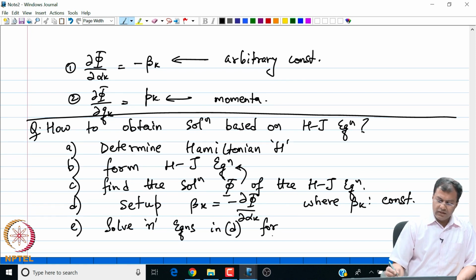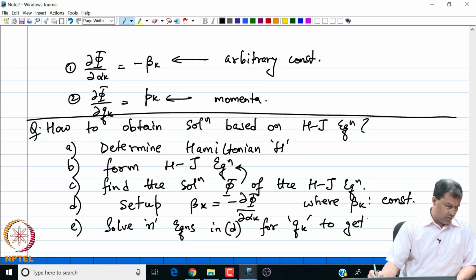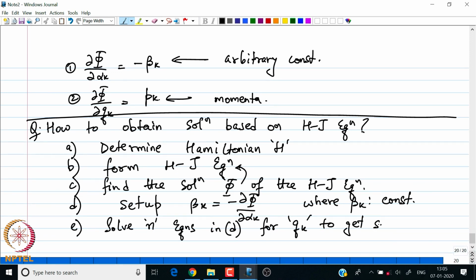These are my set of n equations to find my answer q k, which is my extremal solution for q k, to get the general solution, the solution q bar of t, alpha bar, beta bar.